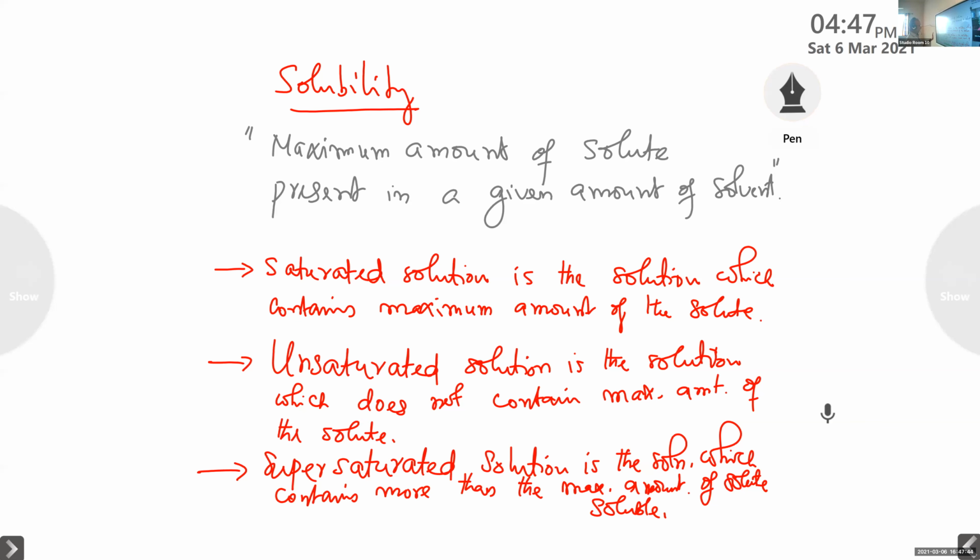So we have seen three types of solutions: saturated, unsaturated, and supersaturated. Saturated, the maximum amount of the solute. Unsaturated, less than the maximum amount, or the amount required for a saturated solution.